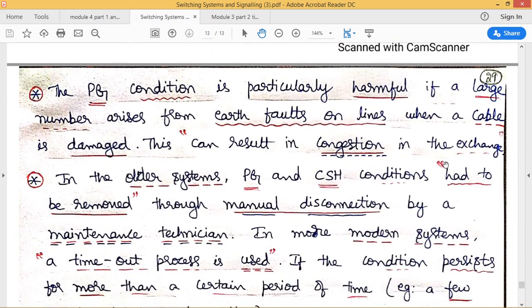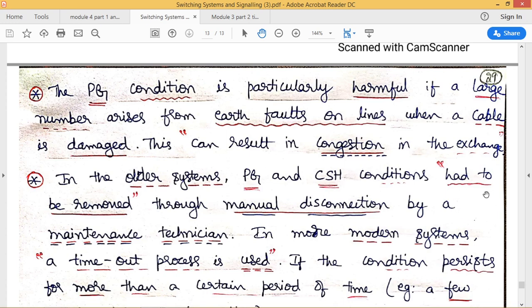The PG condition is particularly harmful, and this condition results in congestion. If a large number of customers are holding the telephone, the exchange is connected to them and cannot make new calls, because the exchange has a threshold so that it can make a sufficient number of calls.